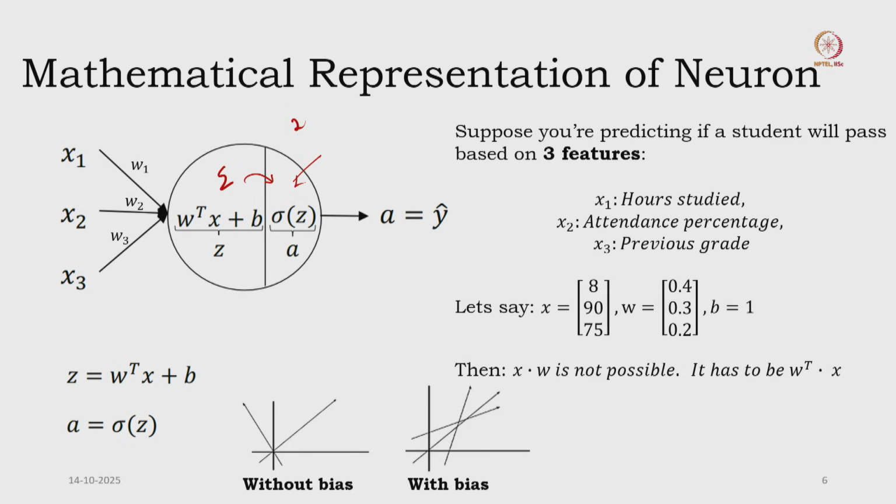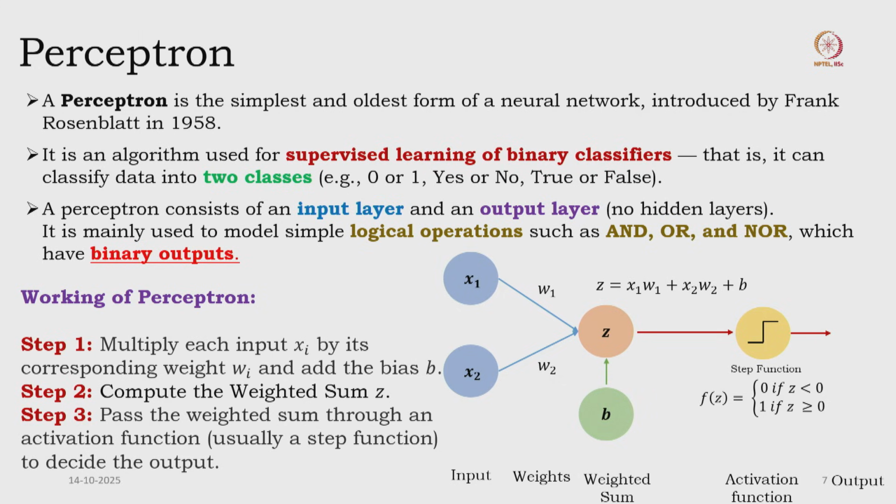What activation function is being used, we will see shortly, but for now understand that the role of an activation function here is to decide whether you should fire a neuron or not. So this is the biological representation of a neuron.